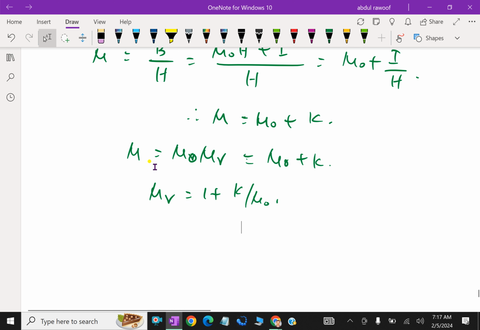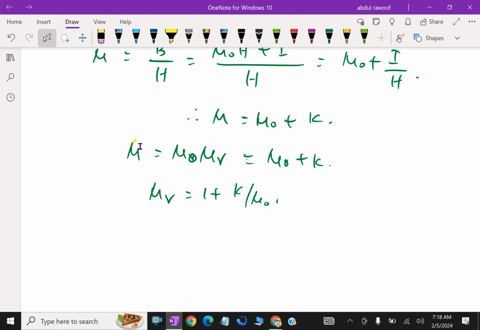For ferromagnetic and paramagnetic substances, K is positive, and for diamagnetic substances, K is negative. For ferromagnetic substances like iron, nickel, cobalt, and alloys like nickel iron and cobalt iron, mu R is much greater than unity, whereas for paramagnetic substances like aluminium it is slightly greater than unity.